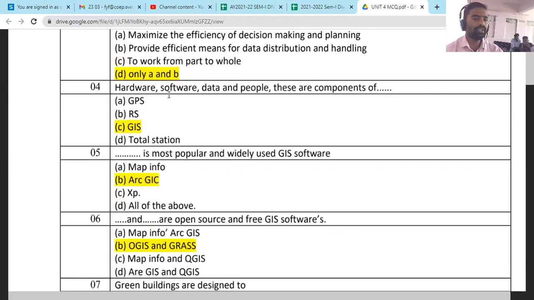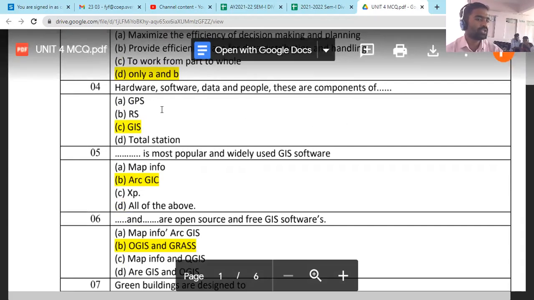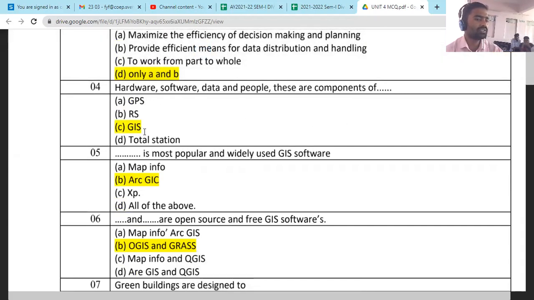Then hardware, software, data, and people. These are the components of GPS, RS, GIS, or total station? GIS. You have studied GPS, RS, and GIS. What is this total station? Total station is an advanced technical instrument used in surveying.